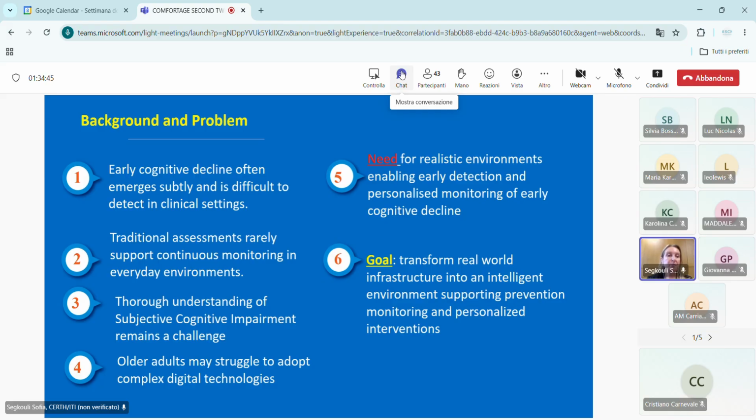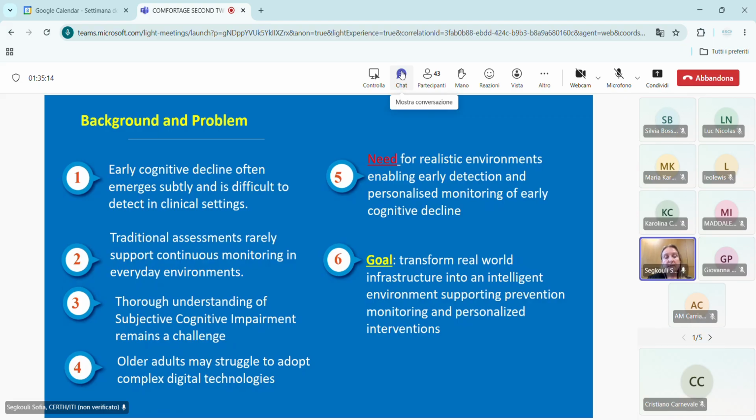And also a key challenge, very open to further research, is thoroughly understanding subjective cognitive impairment, meaning people who report cognitive difficulties, even though standard clinical tests may not yet detect clear signs of disease.